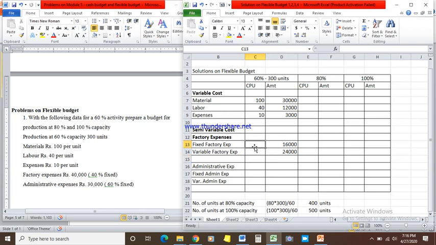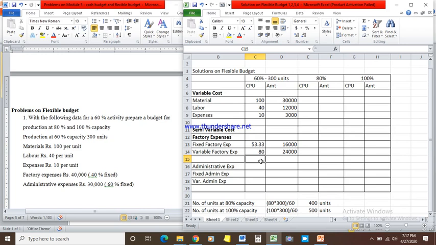Now if I divide this 16,000 by 300 units, I get the per unit fixed factory expenses. Similarly, 24,000 divided by 300, I get 80. I just take this up to 2 decimal places.